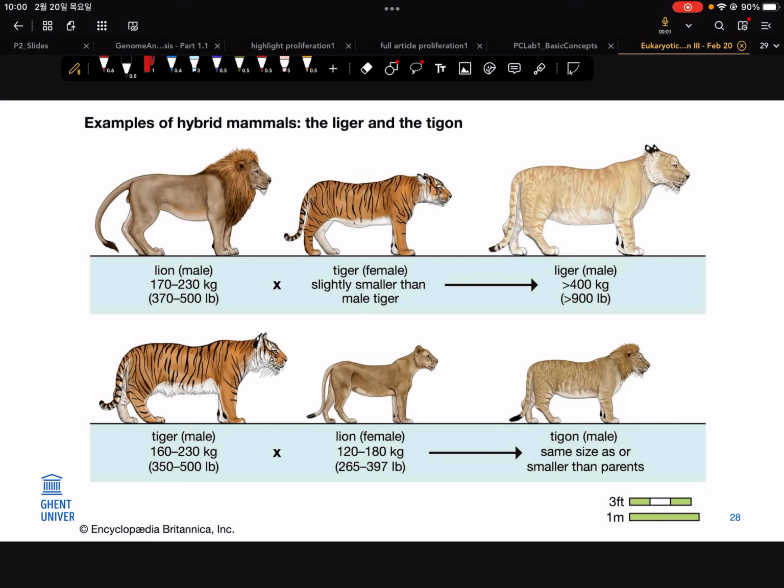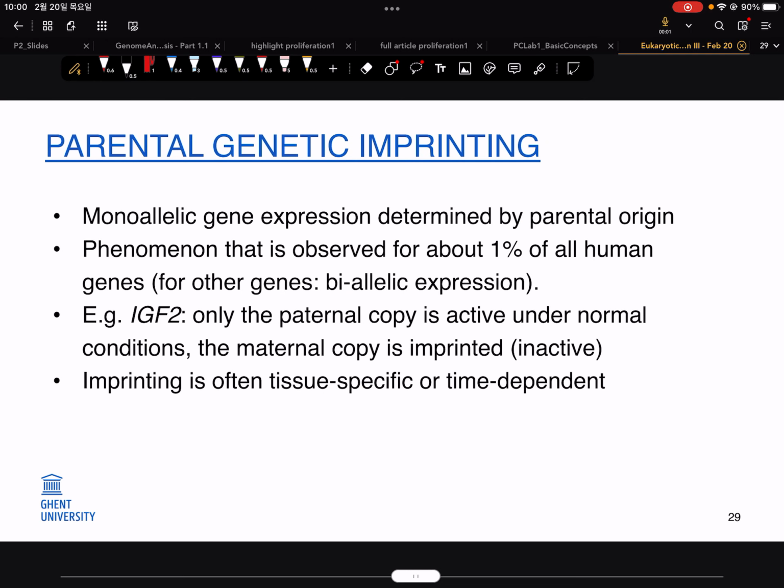So what explains those kinds of differences? That's the mechanism that we call parental genetic imprinting. Parental genetic imprinting is a monoallelic gene expression determined by the parental origin. I hope you remember that mammals are diploid.